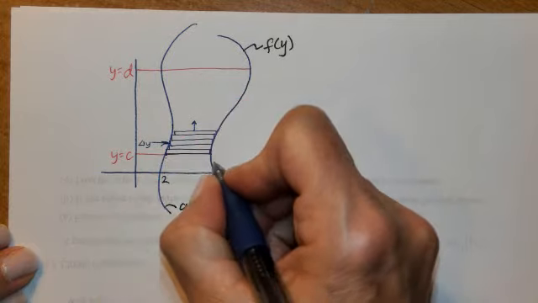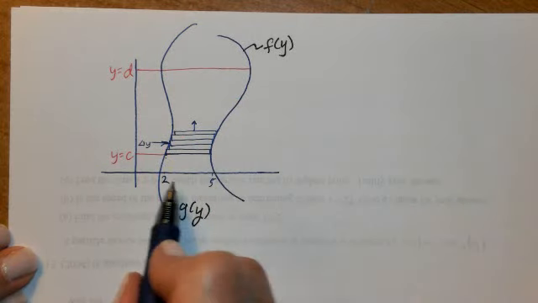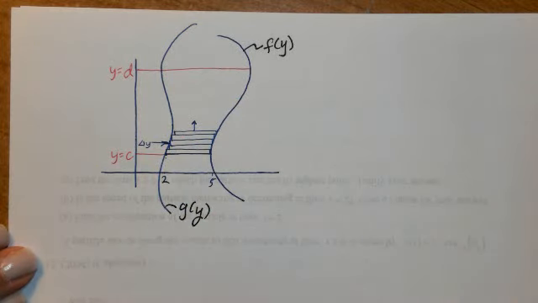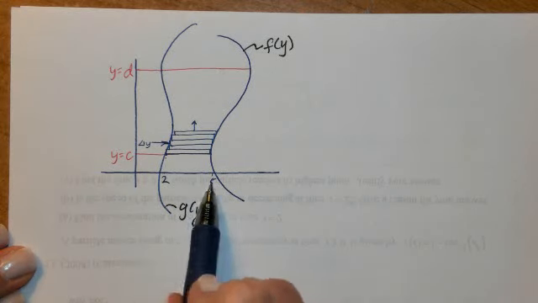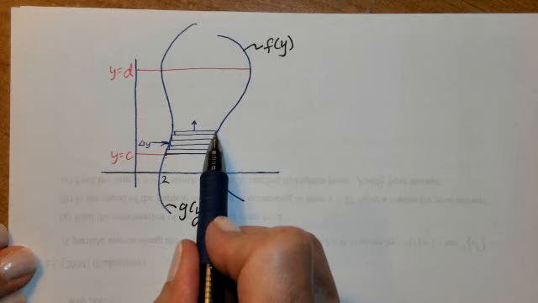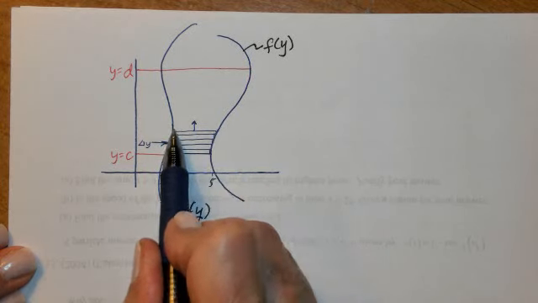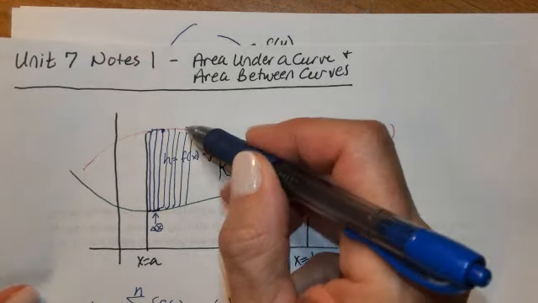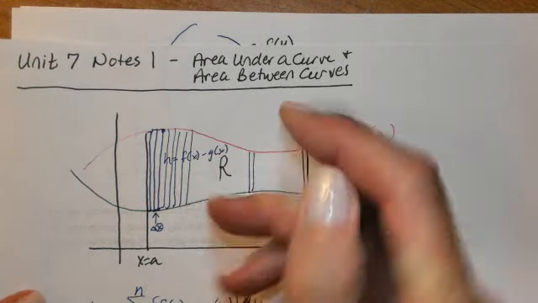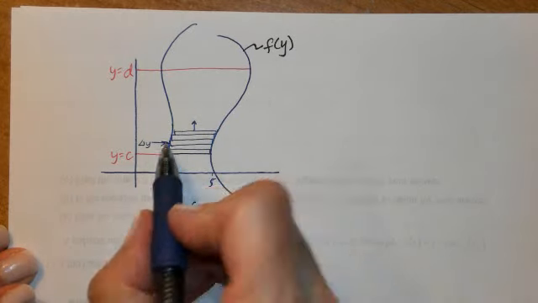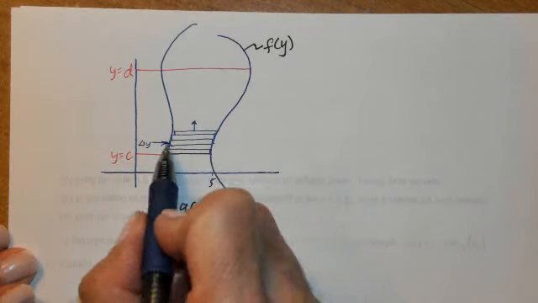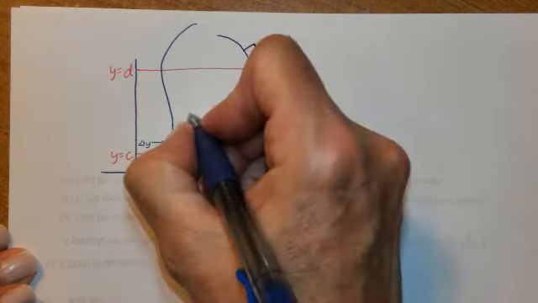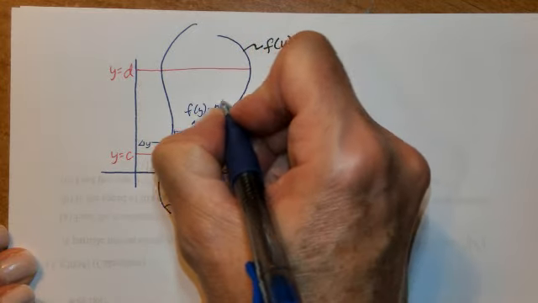Let's say that this is 2 and this is 5. What's the length? You wouldn't say -3 is the length, right? You would always go to the bigger number and subtract the smaller number. So think of this as the bigger number minus the smaller number. Right minus left. When it's an x graph, you go top minus bottom. When it's a delta y graph, you go right minus left. Okay? So this will be f of y minus g of y.